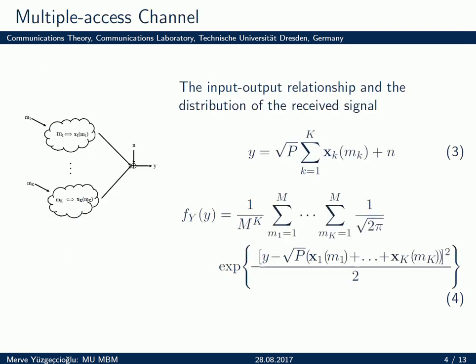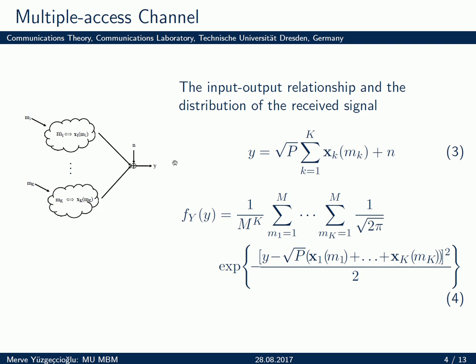So if we look into the multiple access channel case, in this case we have K different users who want to communicate with the base station. Each one has its own constellation diagram generated by a different combination of these RF structures, and each user maps their data to one of the channel realizations.